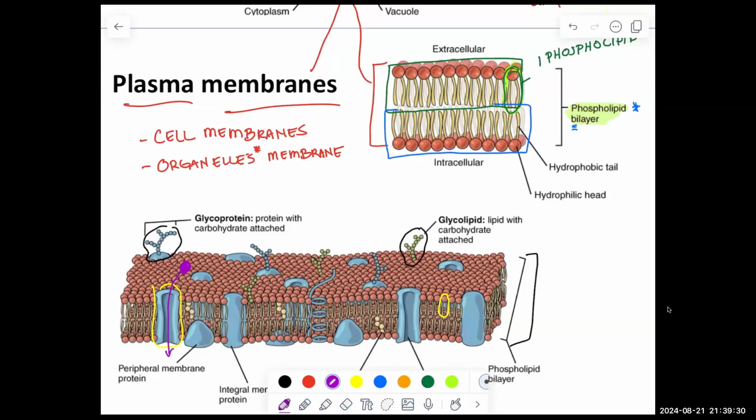By the way, this is your fluid mosaic that makes up the plasma membranes. It's made up of phospholipid molecules, proteins, lipids, and carbohydrates that are all arranged in a very unorganized pattern like this. But they make the cell and organelle membranes.